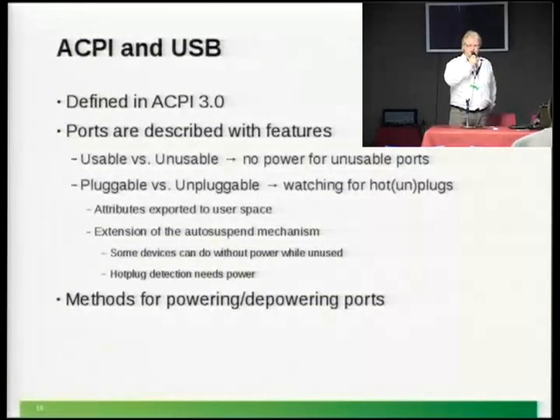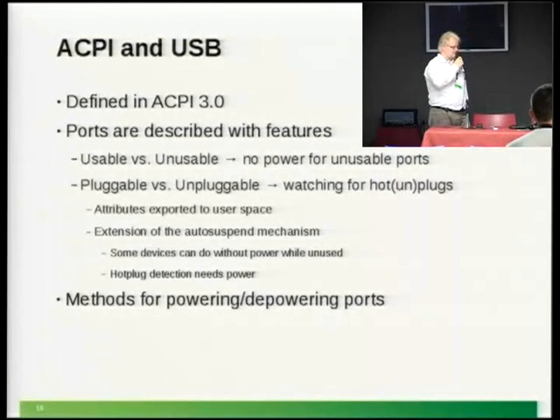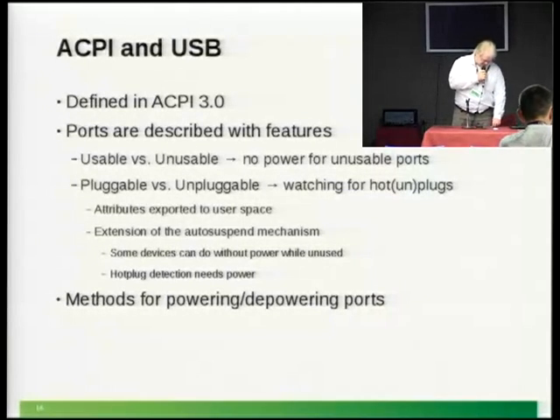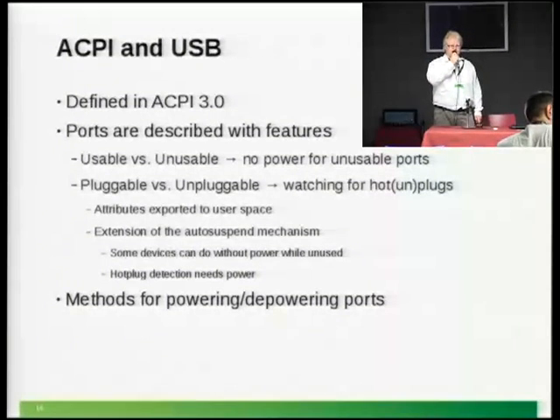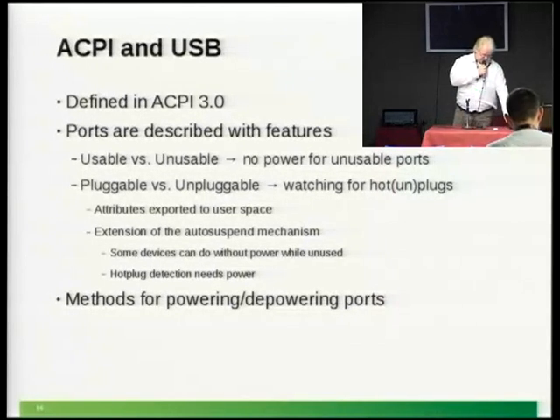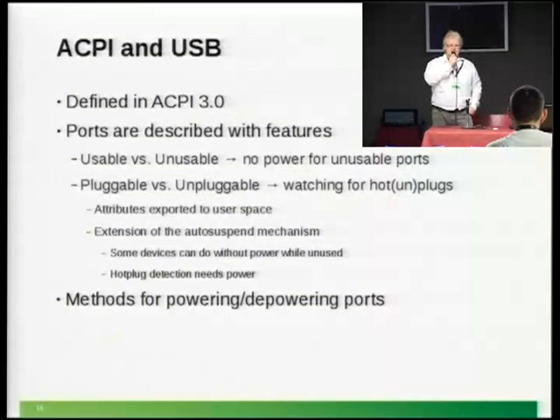The second attribute is pluggable versus unpluggable. On an external port, I can obviously put in a device. That's its reason for existence. But this is also possible for some internal ports. My fingerprint reader is always cabled to the same port.